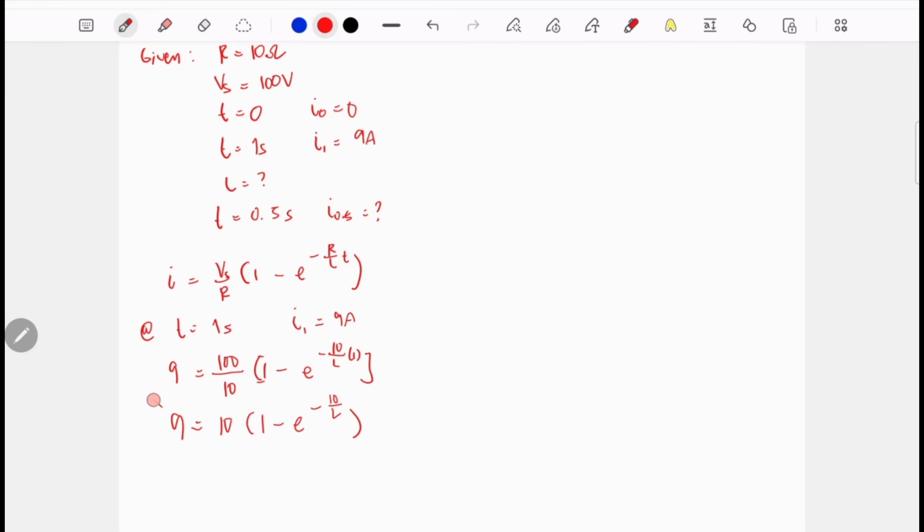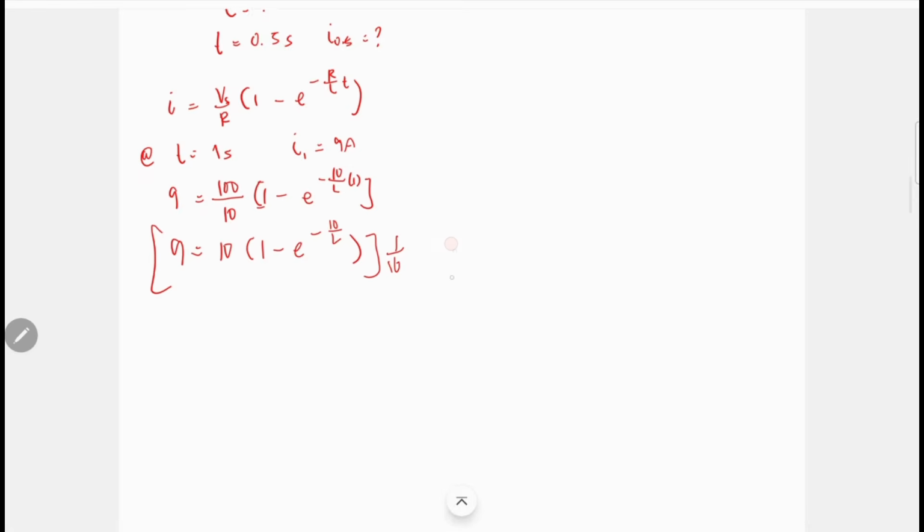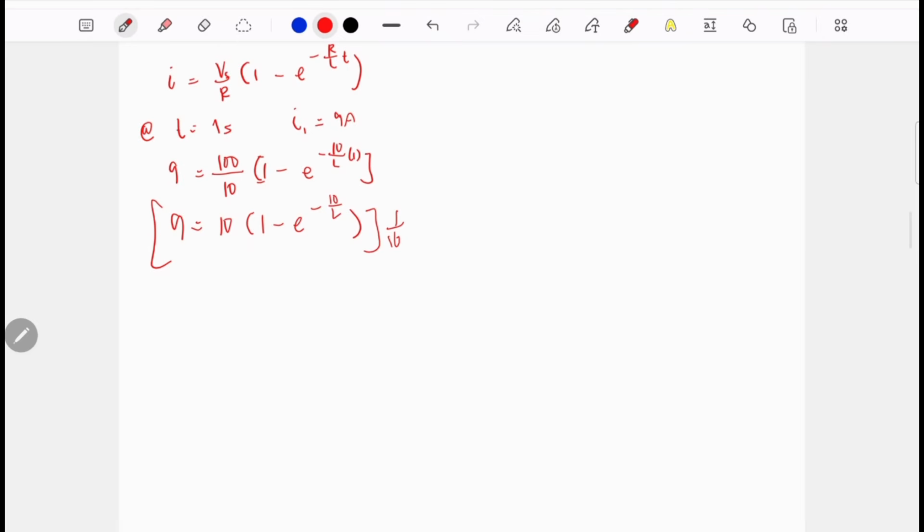So first we will divide both sides by 10. So 9 over 10 is 0.9. 10 divided by 10 is 1, so we have 1 minus e to the negative 10 over L. Then we transpose 1 to the left side since 1 is separated by negative.